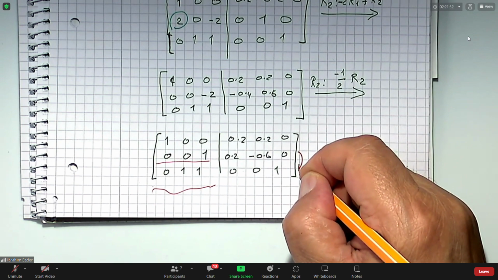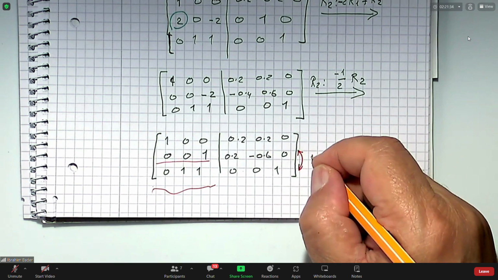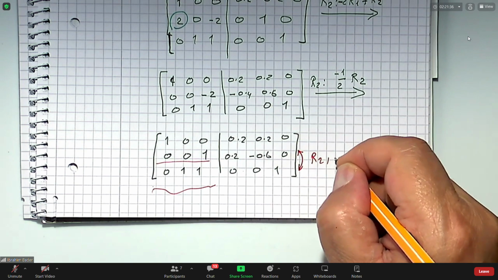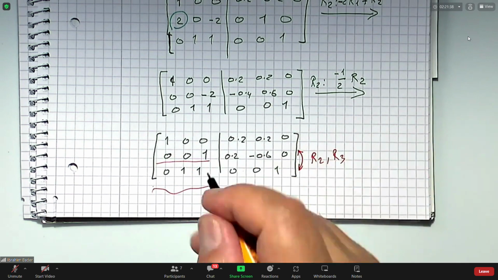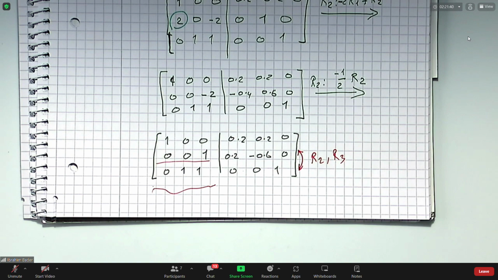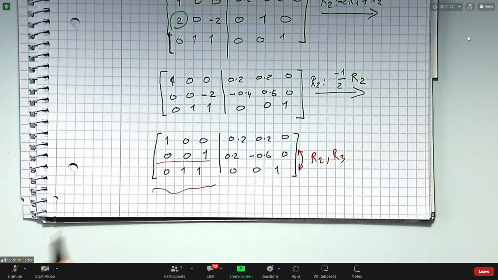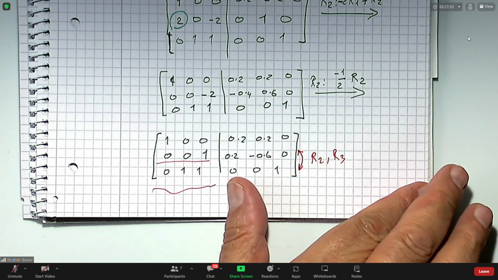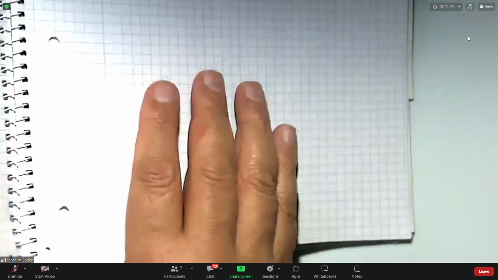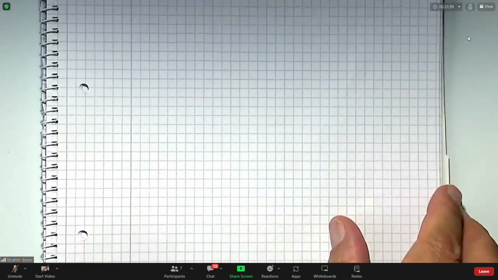So here you can just swap these row 2 and row 3. Okay, just swap them. And if you do this, you need just to do it for the entire row. So here the whole row will be replaced in the second and the third positions. Okay, I did this because I have in mind the identity at the end here to the left.